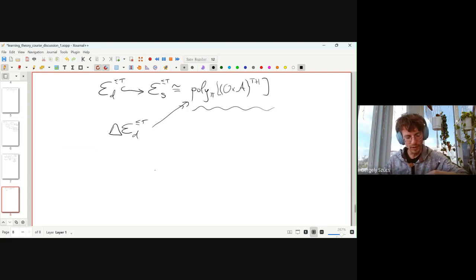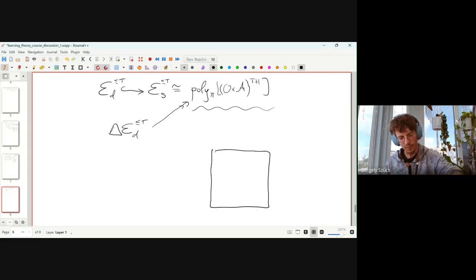But to give an intuition of what's going on here, it's useful to go back to this picture that I drew earlier, which was this square where we have eta of 0a and eta of 0b. So this gives us the possible outputs of the environment, assuming that the initial output was 0.